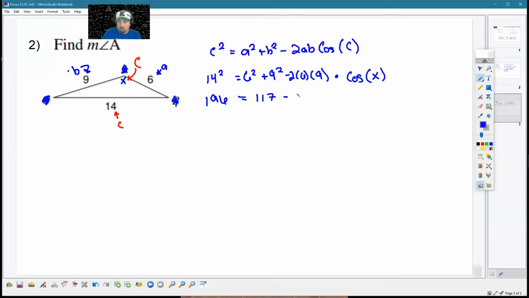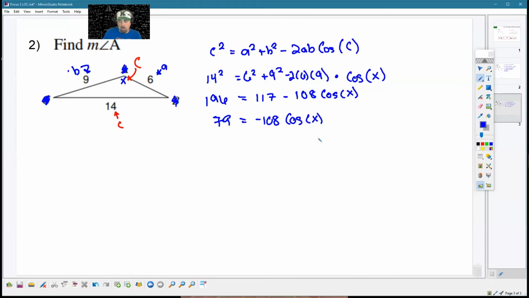We get 108 cosine of x. Now remember, you still can't subtract those numbers, so we've got to do algebra to get this cosine by itself, okay? So we're going to subtract that 117 to the other side. So 196 minus 117 gives us 79. So 79 equals negative 108 cosine of x.